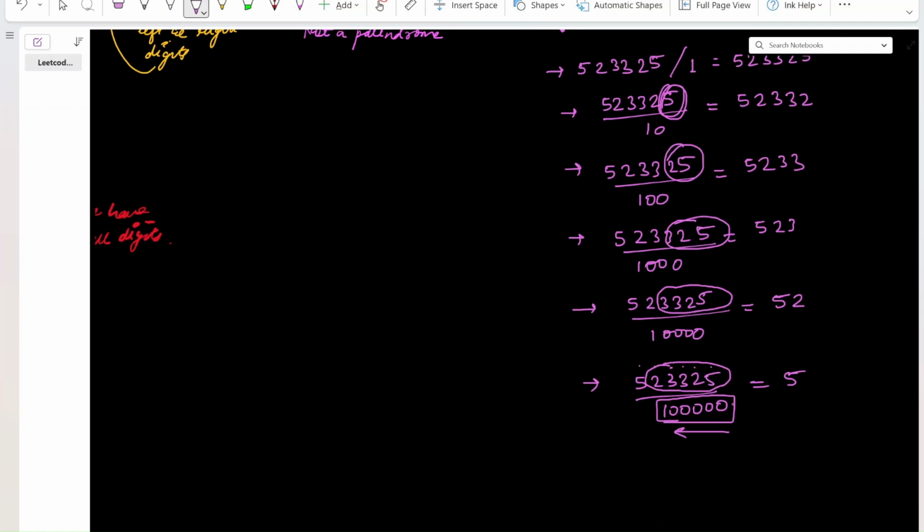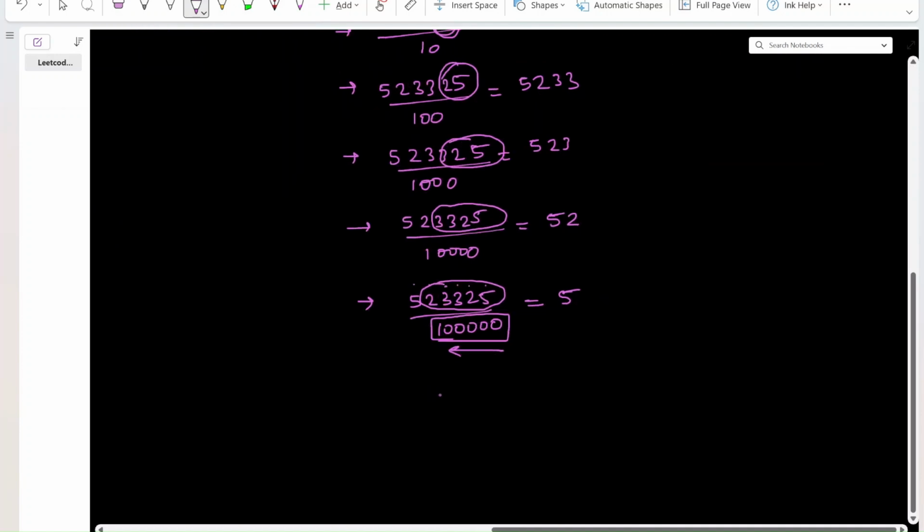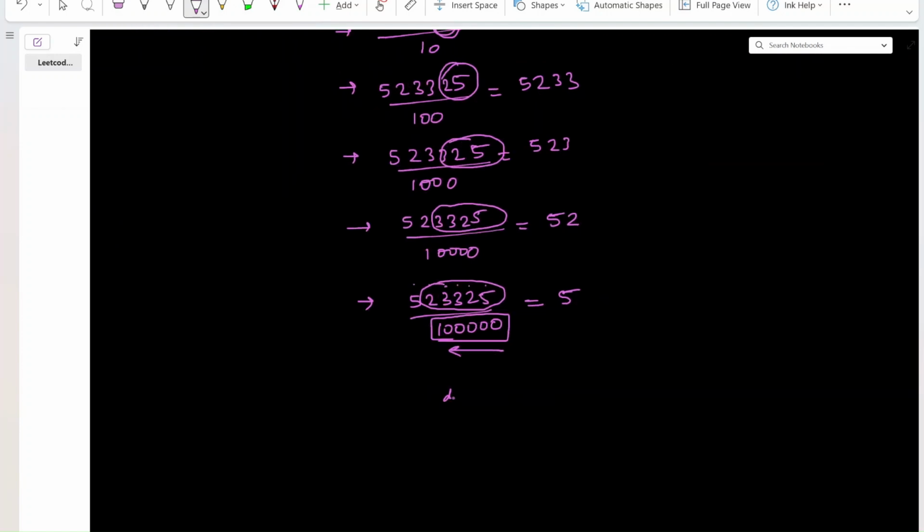So first we need to figure out how to count the number of digits in this number. What we can do simply is, let there be a divisor, which is 1. I'm going to initialize a variable div, which will be equal to 1.